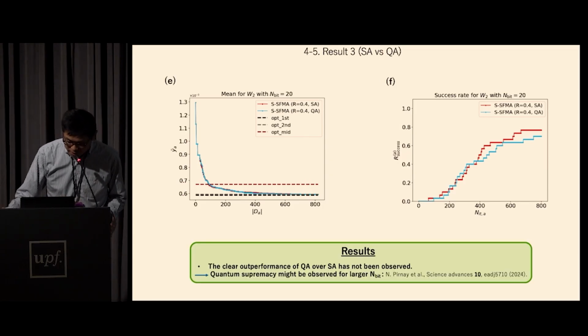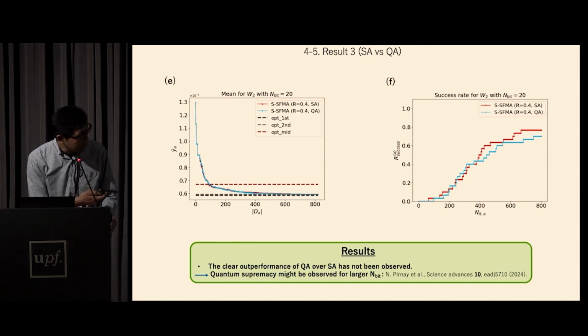In our experiment, we did not observe a clear quantum advantage. However, for instance, for larger scale problems, or by refining the quantum annealing schedule or redesigning the quantum annealing Hamiltonian, we expect that we would observe clear quantum advantages, and we would like to explore these themes in our future work.